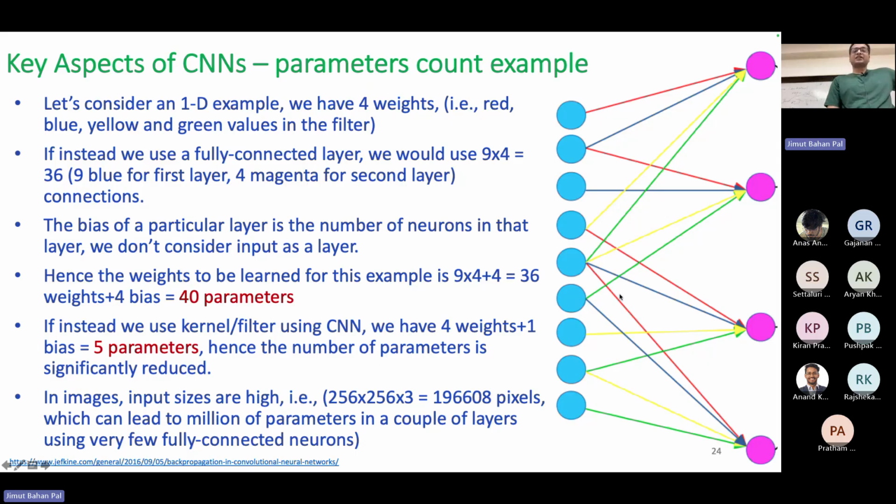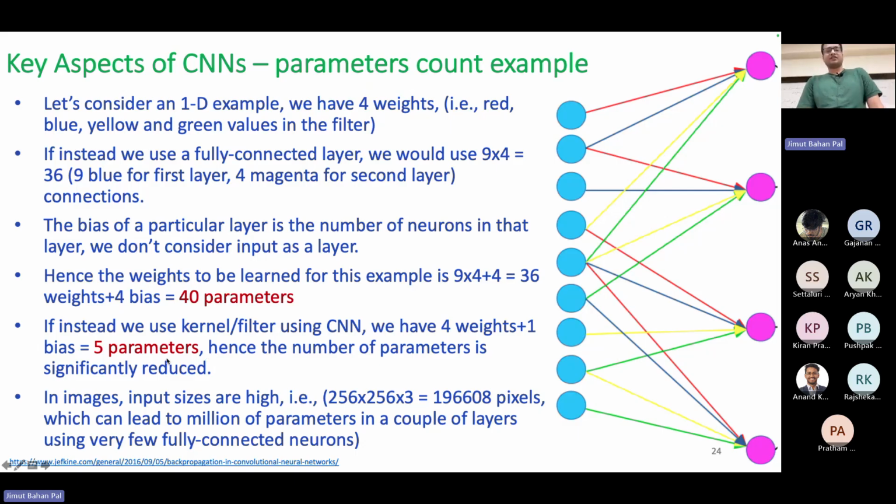But when using convolution, say we use a filter with four pixels, this one red, this one blue, this one yellow, this one green. The same thing is convolved through the whole input. So the number of parameters is 4 plus 1 for bias, since each filter has 1 bias. Ultimately there is an 8 times reduction in parameters. Represented as a fully connected layer, it would have a parameter count of 40.